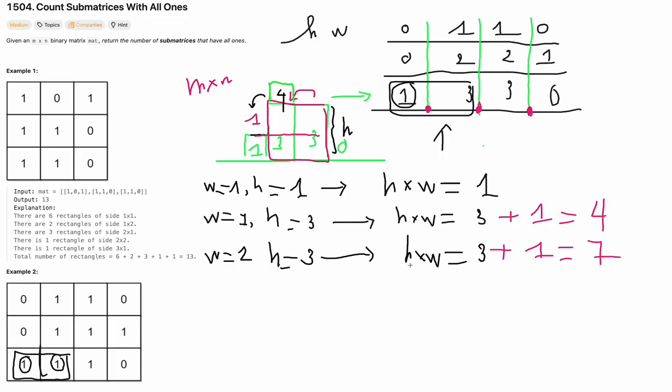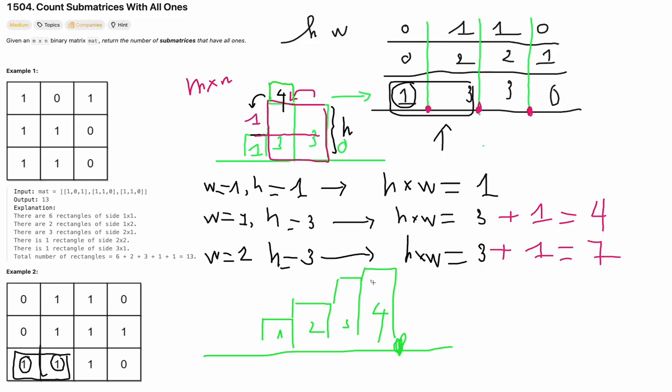So this is our approach, and of course you can try similar things like this. For example, here is 1, 2, 3 and 4, right? If we are in here, we can always form all the things with the previous one. This point adds up all the rectangles in here, and this point adds up all the rectangles in here.